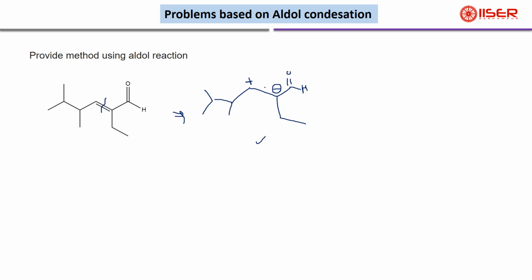After that, to satisfy this positive charge, there should be a leaving group. So the synthon will be kind of like this, and there is an H plus.